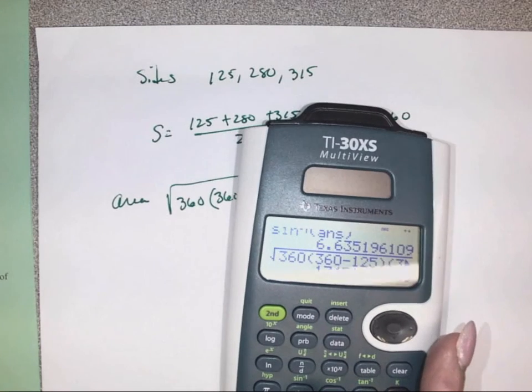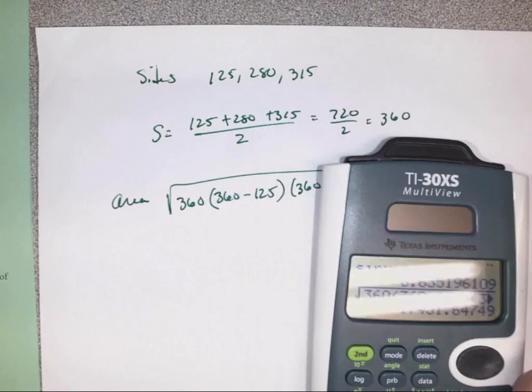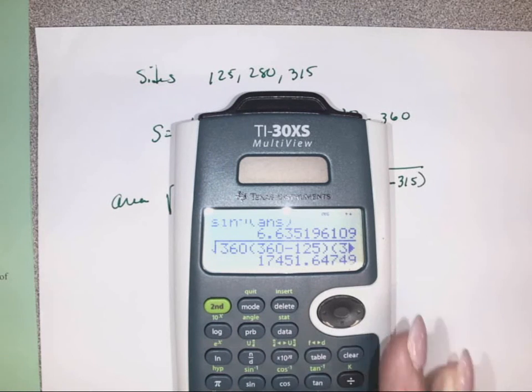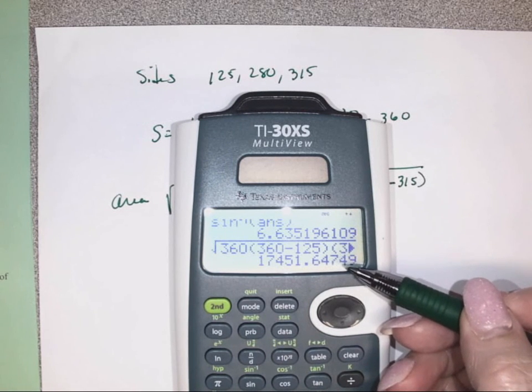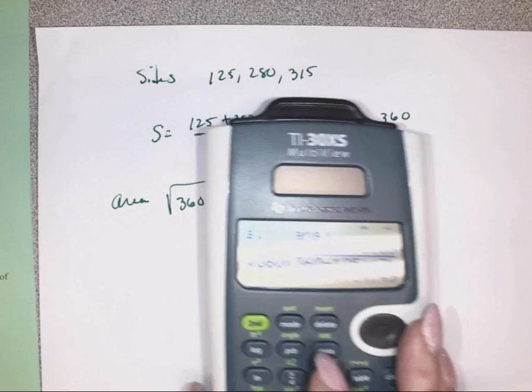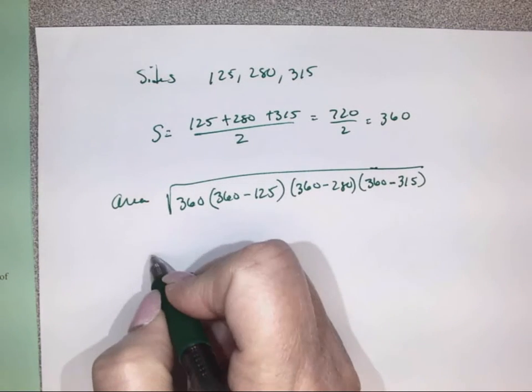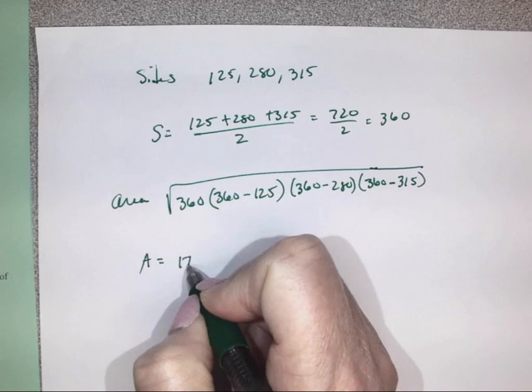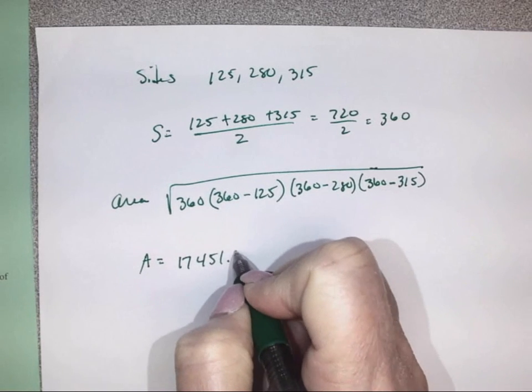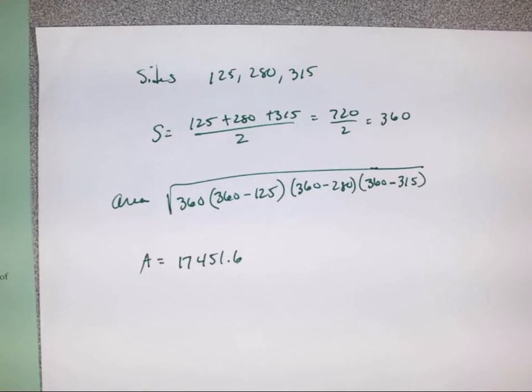And we end up with 17,451, and we'll go to 1 decimal place. All right, so our A is equal to 17,451.6.